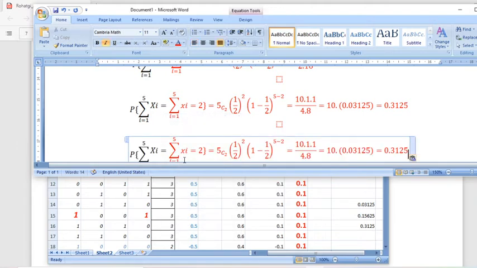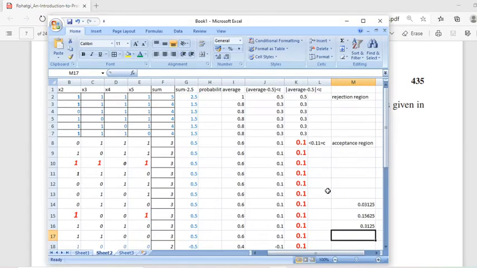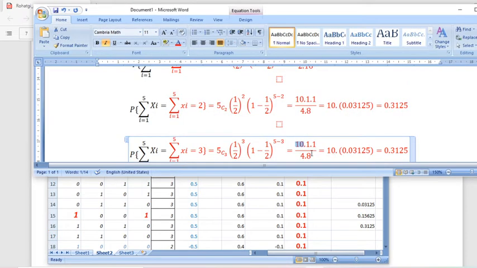Another case is when summation x equal to 3. What will be the value? 5c3 is exactly 10 again, same as 5c2.